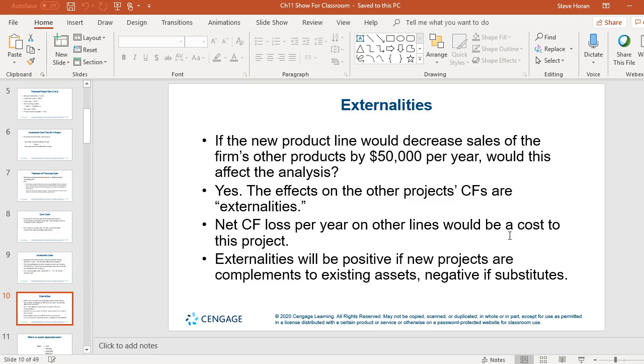So what we're saying here, if we go ahead and launch this initiative, we spend the money, buy the machinery, make this new product, we determine that if we do that, we're going to negatively impact sales of our current products by $50,000. What do we do with that? Well, we charge that to the project because that's cash that we're losing. So we need to include that loss of cash in the new analysis to take that into account.